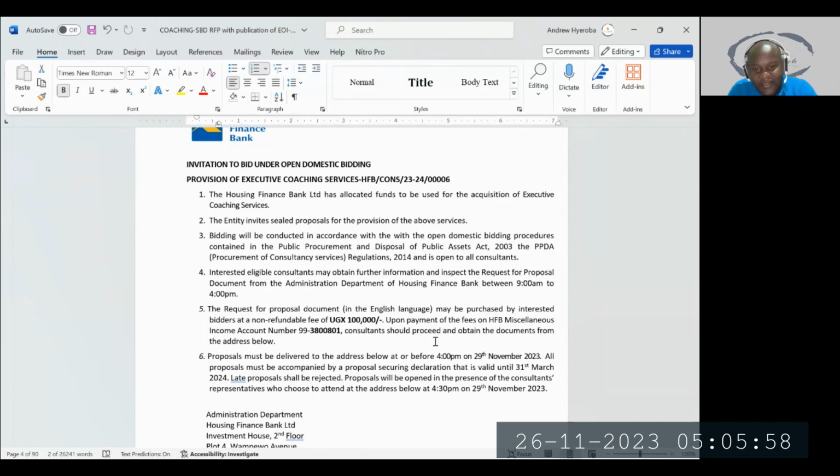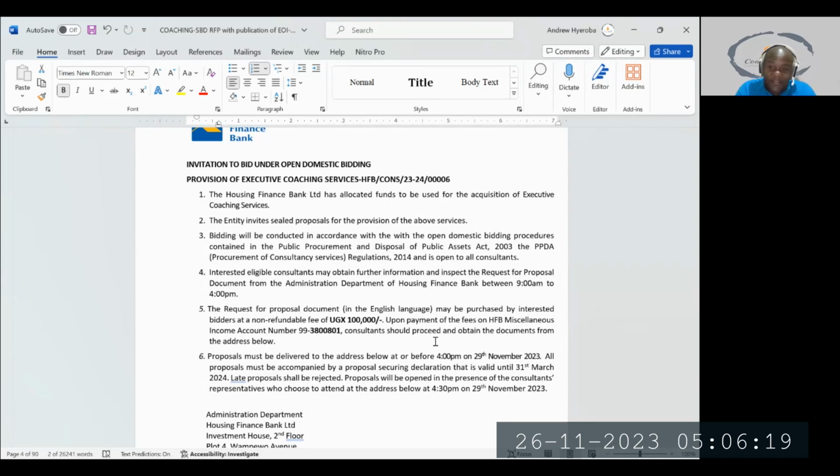If you are interested and eligible, you may obtain further information and inspect the request for proposal document from the administration department between 9 a.m. and 4 p.m. This request is in English, and may be purchased by interested bidders at a non-refundable fee of 100,000 shillings.